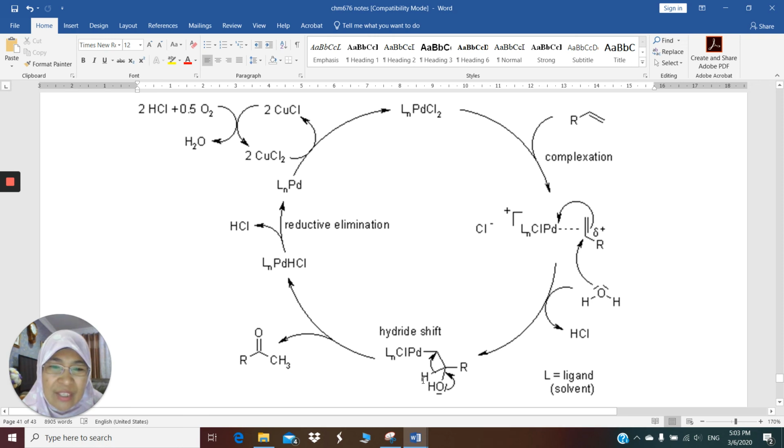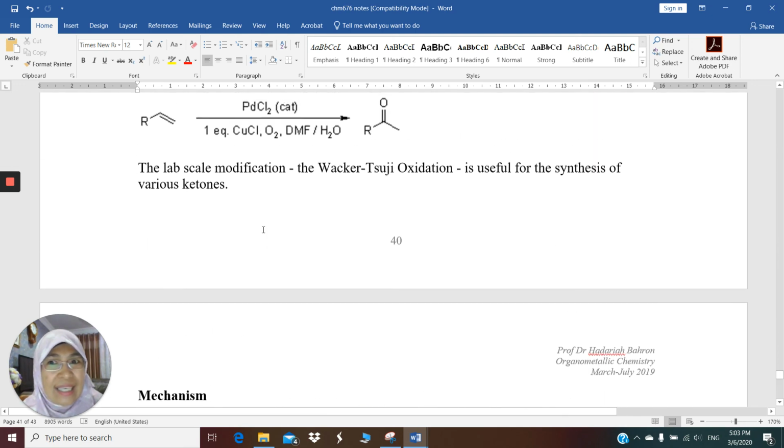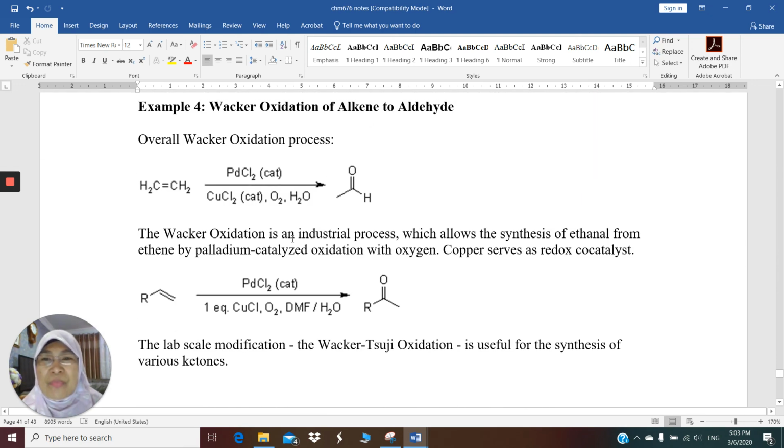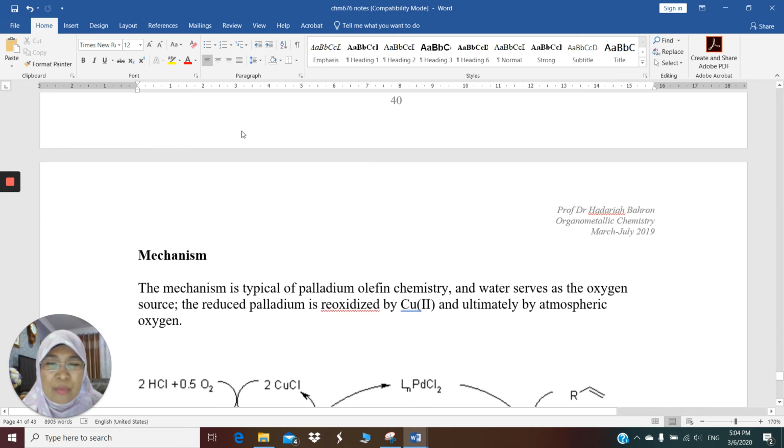And after hydride shift occurs, you get elimination of the product that you desire, along with the catalyst species that needs to be regenerated, ready for the next cycle. And that regeneration is happening on the side here using your copper co-catalyst. So that is again another elegant reaction where you get organometallic compounds catalyzing the conversion of alkene into aldehyde in a Wacker process.